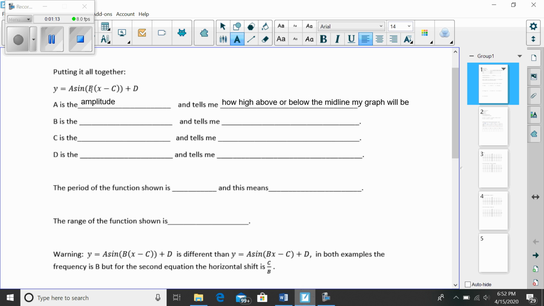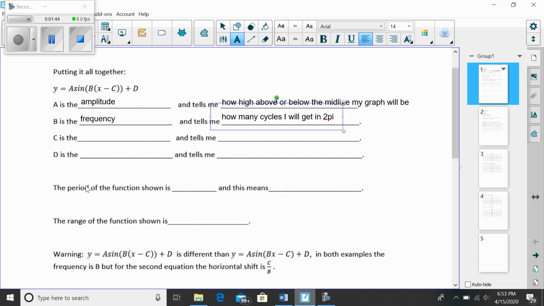B is known as the frequency. And the frequency tells me how many cycles I will get in 2 pi units of length.